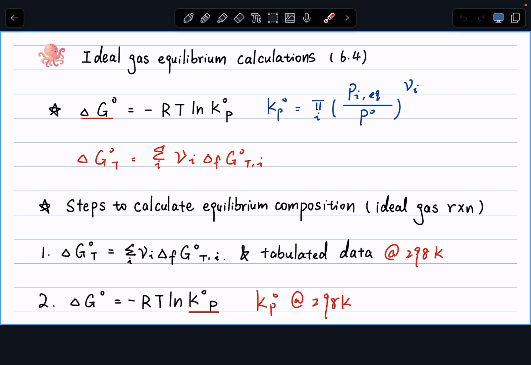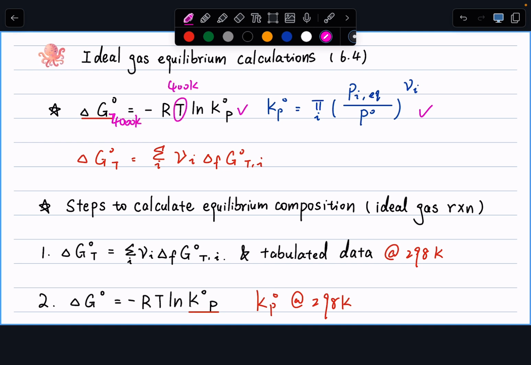It's actually true for non-ideal gas reactions as well, but for this chapter, it's all ideal gas reactions. Then we have our definition for the equilibrium constant. These two are generally true, so you can feel safe using these two equations for any temperature you like. For example, if we're looking at delta G naught at, say, 4,000 Kelvin, now my T is 4,000 Kelvin.